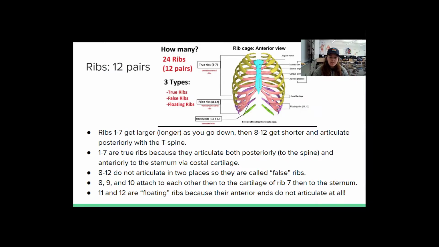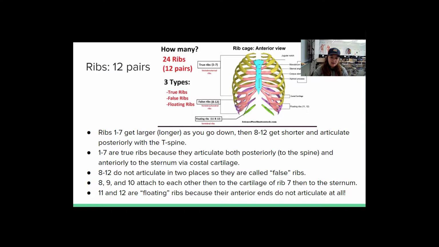Ribs 1 through 7 are true ribs because they articulate both posteriorly with the spine and anteriorly with the sternum via costal cartilage. But ribs 8 through 12 don't articulate with the spine and the sternum. They only articulate with the spine, and so they're called false ribs.